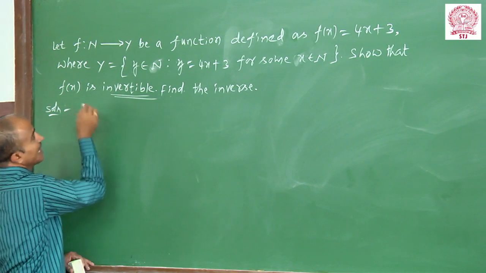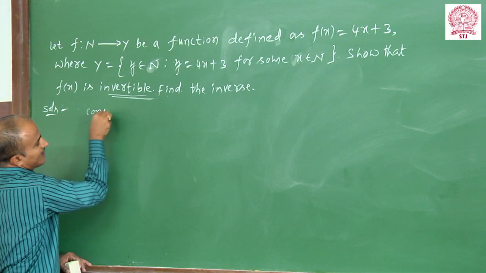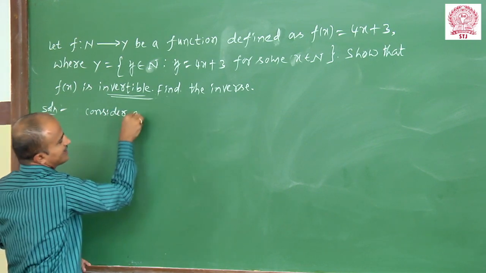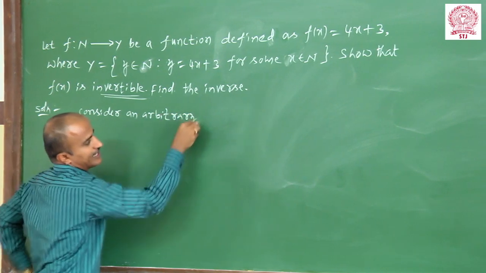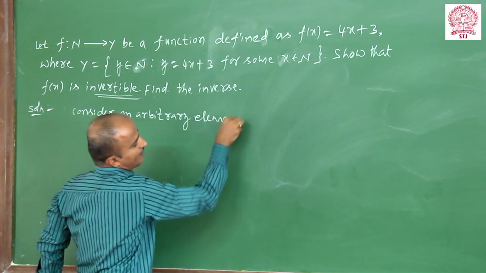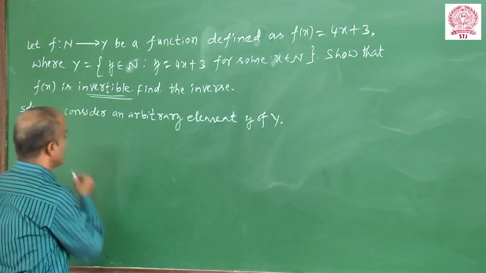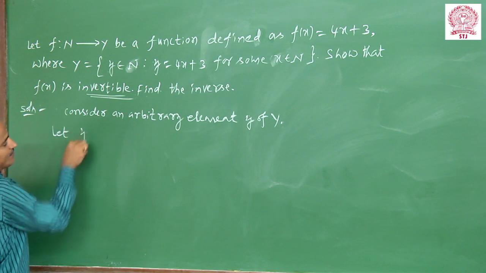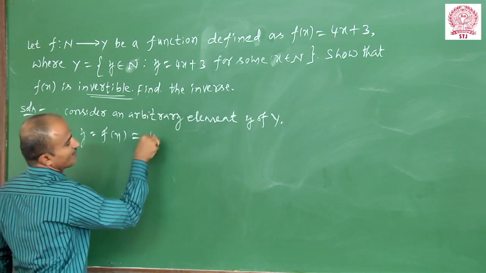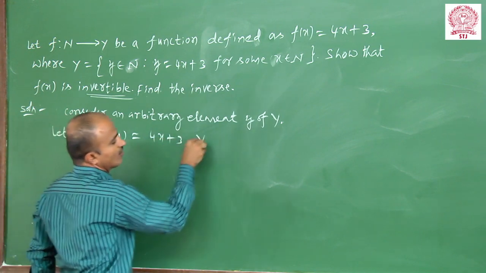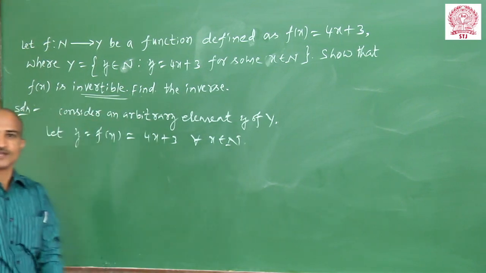Now, consider an arbitrary element y of Y. Let y equal f of x, where f of x is 4x plus 3 for all x belonging to N.